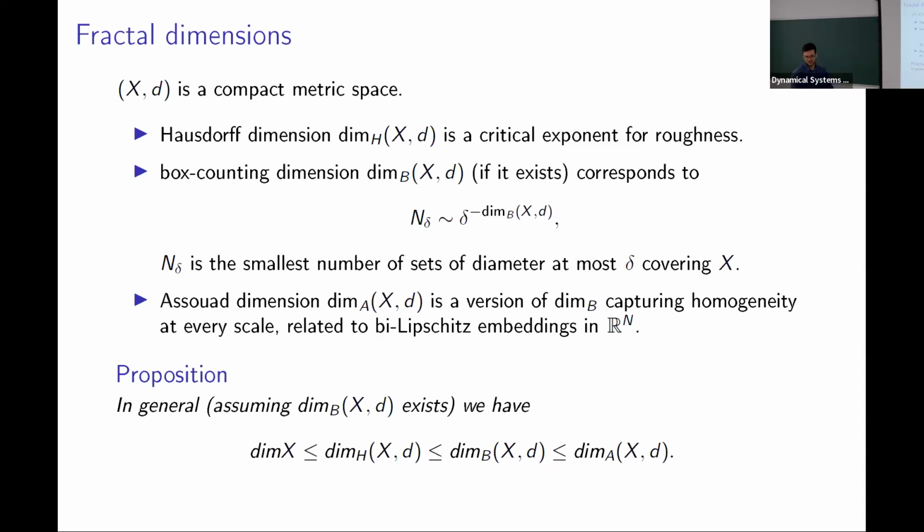And in fact, it's a sufficient and necessary condition. In general, you have that the topological dimension is smaller than or equal to the Hausdorff, the box, whenever this exists. So I should put here the lower box and the upper box dimension. And the Schwarz dimension majorizes all.